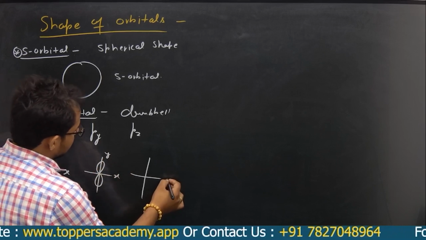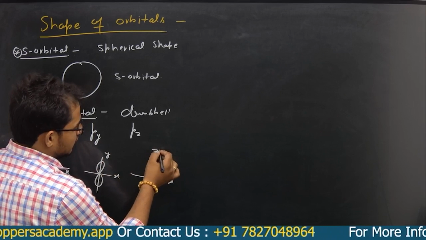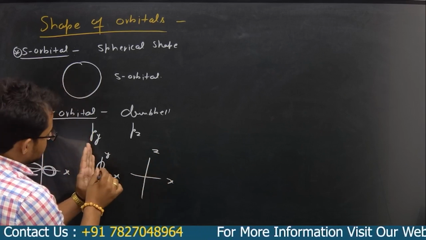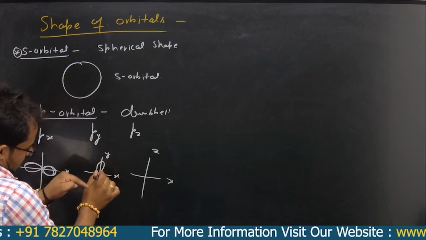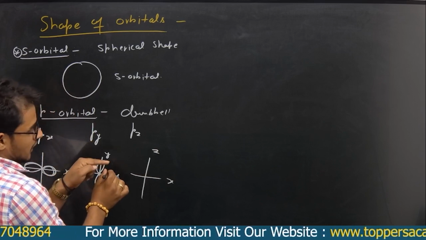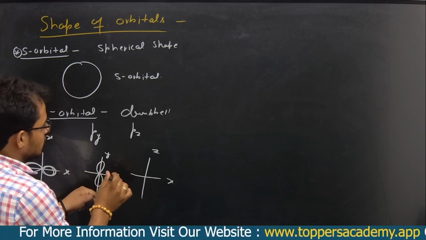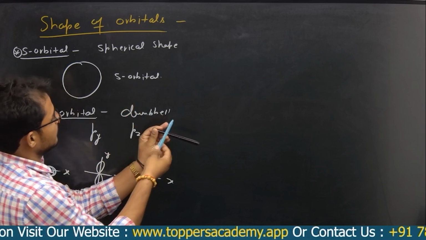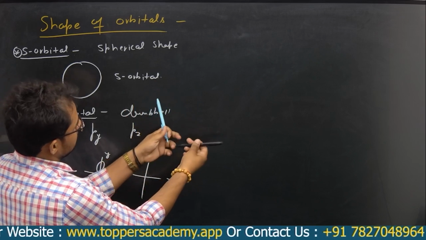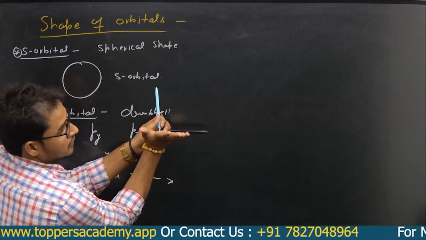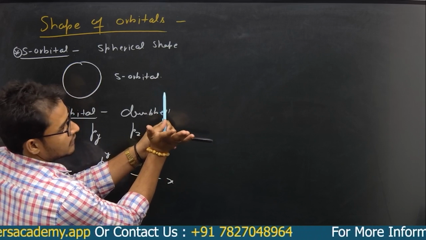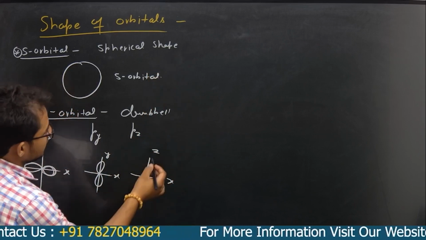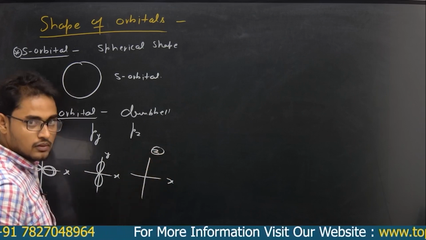Now z must be here, but I cannot write here, it is two dimensional. Okay, so I have considered the z axis here, right?